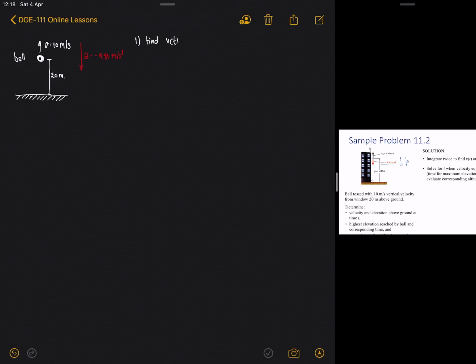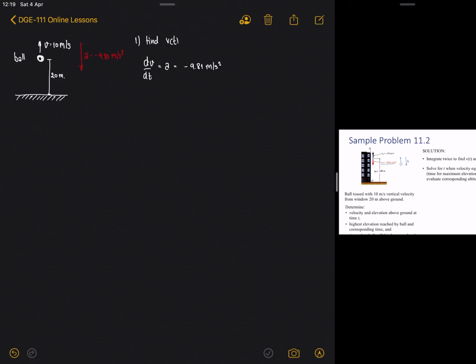Then you know the relation between the acceleration and velocity. So what is that? The derivative of velocity is equal to acceleration, okay? And your acceleration is minus 9.81 meters per second squared.